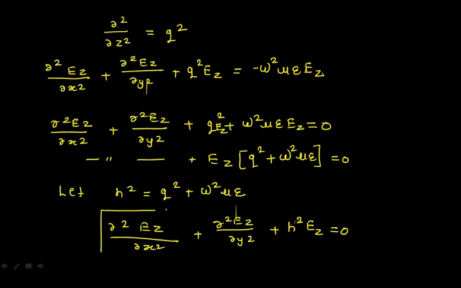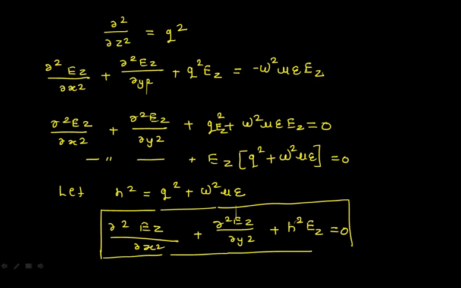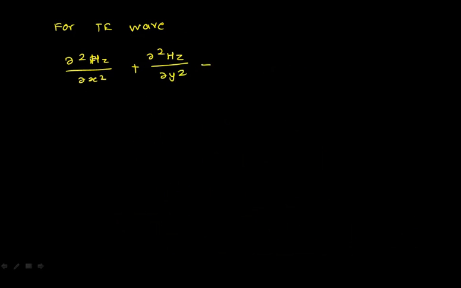So you have found one equation in the rectangular coordinate system, and this equation is for the TM wave because your magnetic component will be 0. Similarly, you can write the same equation for the TE wave. So this equation will be modified for the TE wave: d square Hz by dx square plus d square Hz by dy square plus h square Hz is equal to 0. So the only modification is in the field.